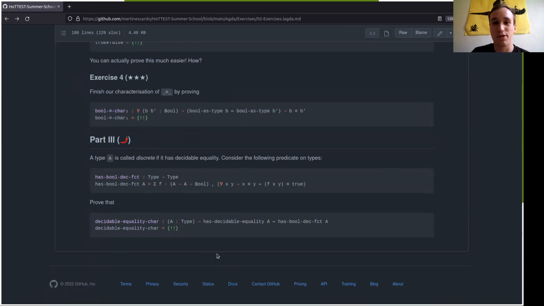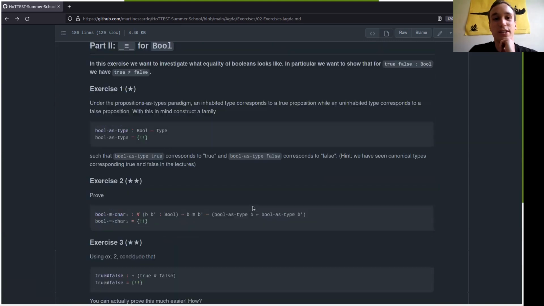But this is definitely more difficult than all the other exercises, so maybe you want to go back to it later or after this session and give it a try. It definitely uses some stuff in Martin's library or handouts. So this one is a bit tricky, but fun, I'd say.